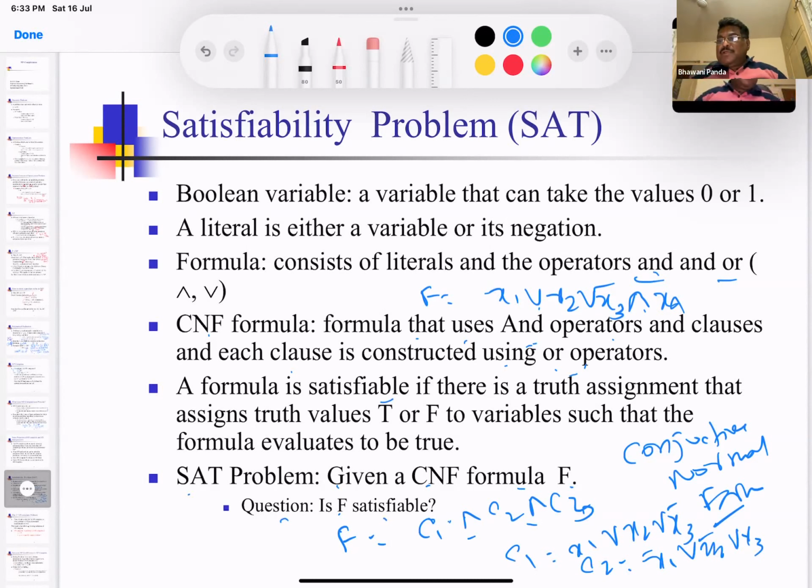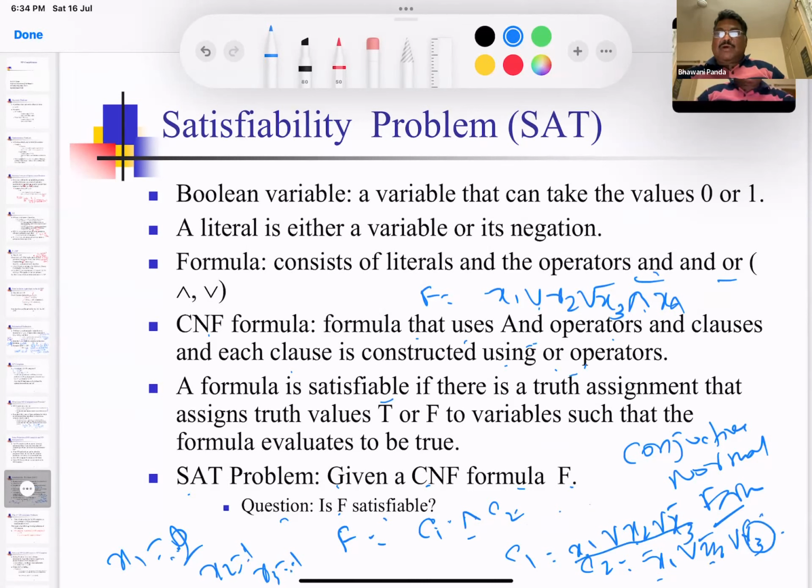For example, suppose only C1 and C2 are there. If I assign X1 equal to 1, X2 equal to 1, and X3 equal to 1, will C1, X1 or X2 or X3 bar, be true? X1 is true, X2 is true, and X3 is also true. Yes, this is true, and similarly C2 is also true because X3 is true. So true and true is true. That means this assignment is a truth assignment for F. F is satisfiable if I assign X1, X2 and X3 equal to 1.